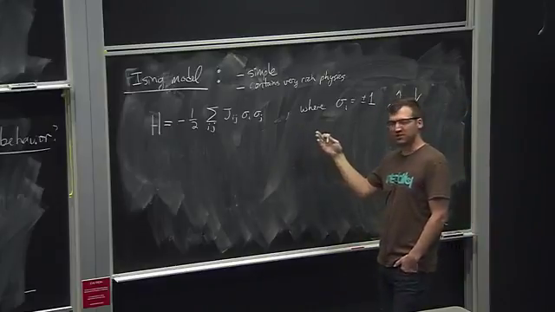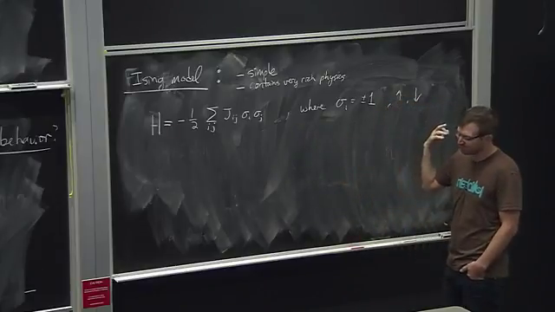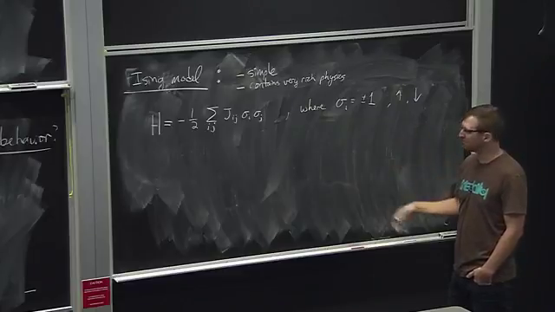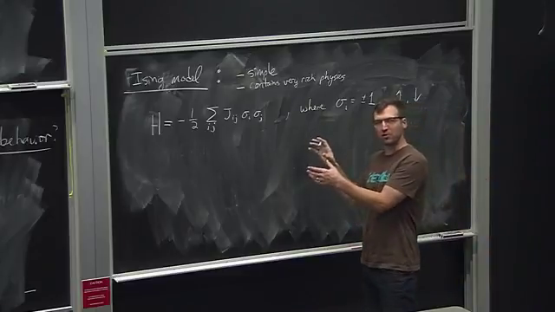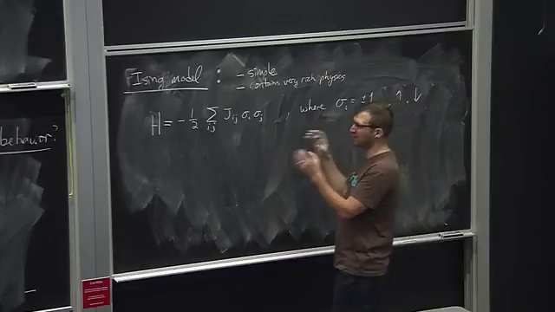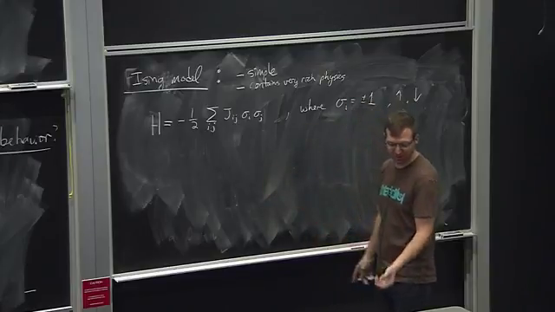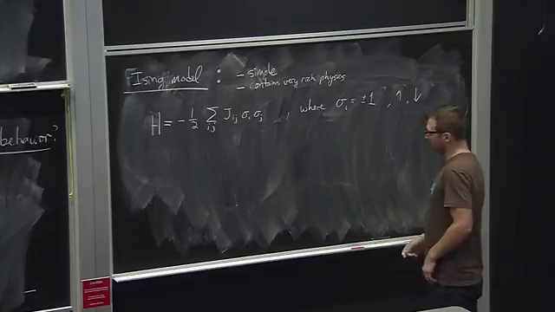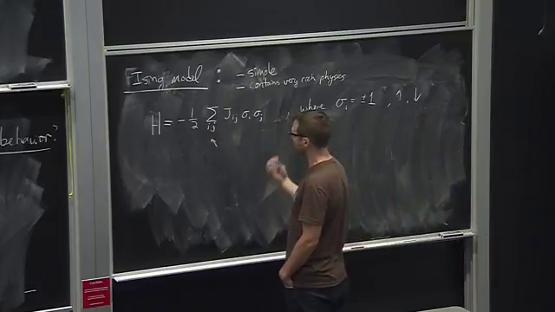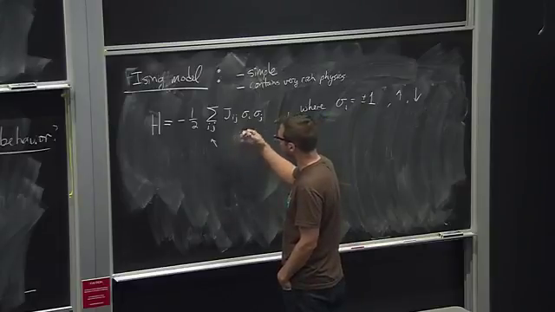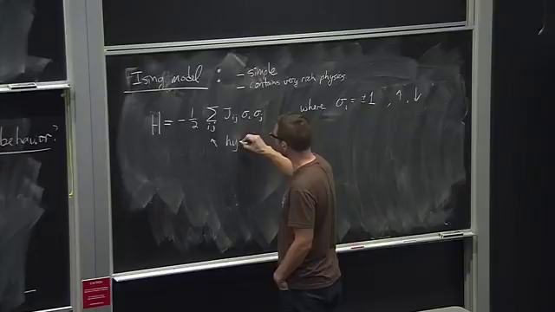So many other interactions are irrelevant from a RG perspective. So we're imagining this is a simple approximation to some interaction that might be going on in, say, a nickel compound. And these i and j points, I'll assume, sit on a hypercubic lattice in d dimensions.